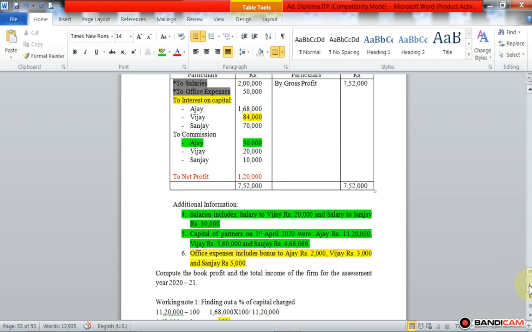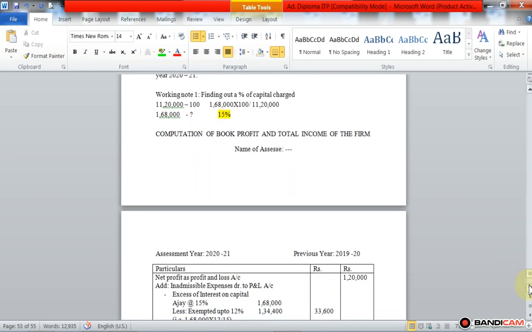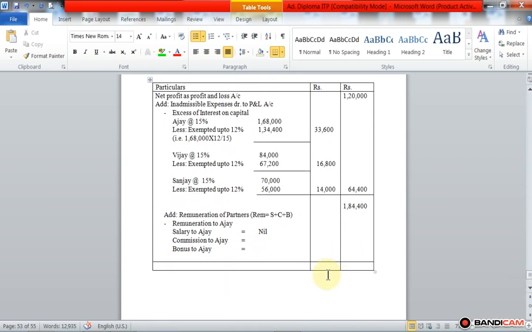So add this 30,000 commission in the remuneration of Ajay.